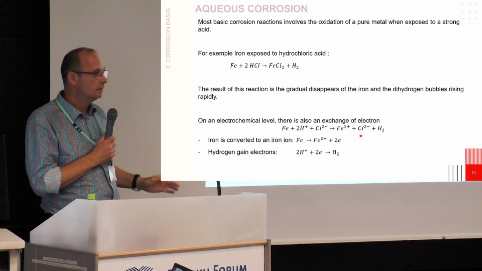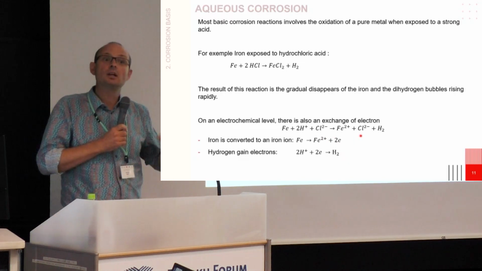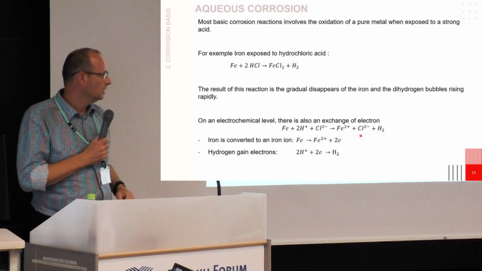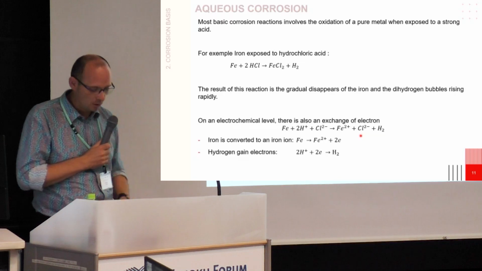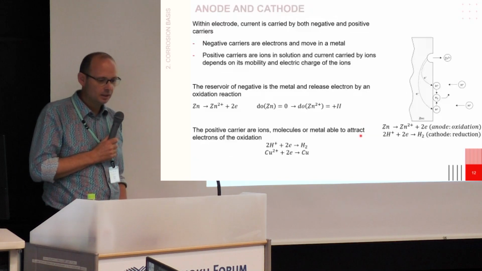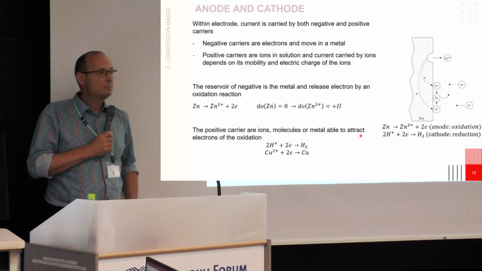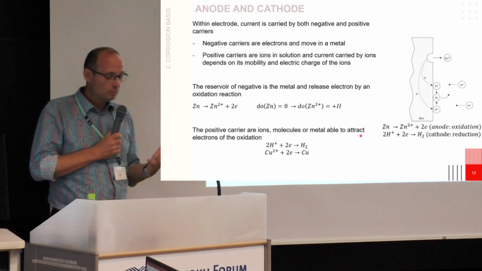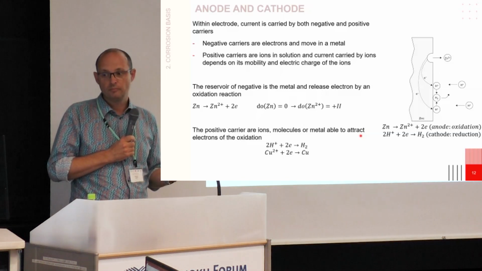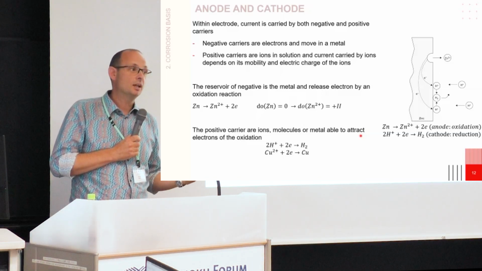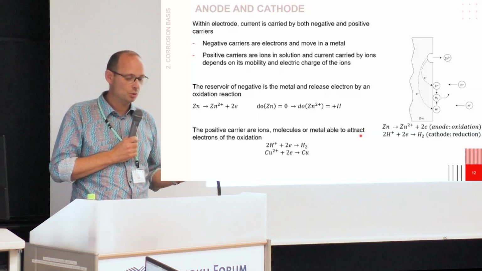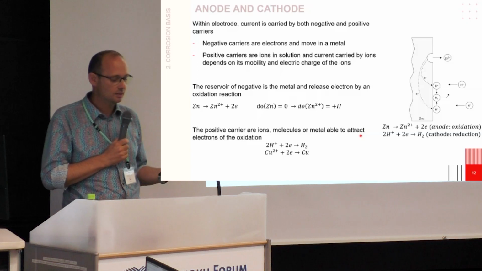Because chloride remains as anions in solution. They will not be attached to iron. They are not stable. So that means in corrosion, we have to have electrical charge carriers. So we will have negative charge carriers or positive charge carriers.